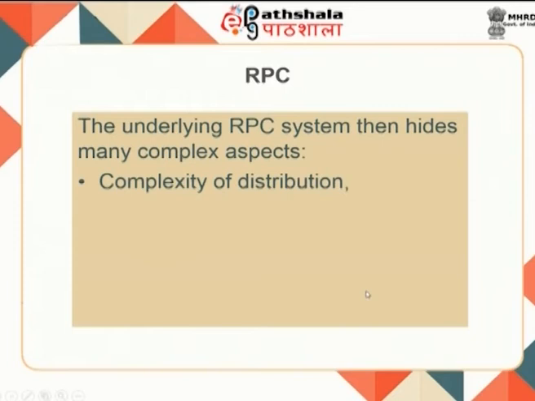So, it hides many complexities. It hides the complexity of distribution, the fact that the procedure is distributed in other geographical locations. It hides the complexity of sending and receiving a message over the internet. Therefore, there is a process of encoding and decoding.